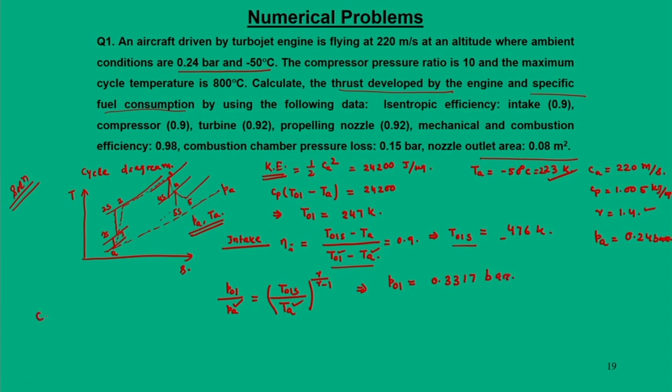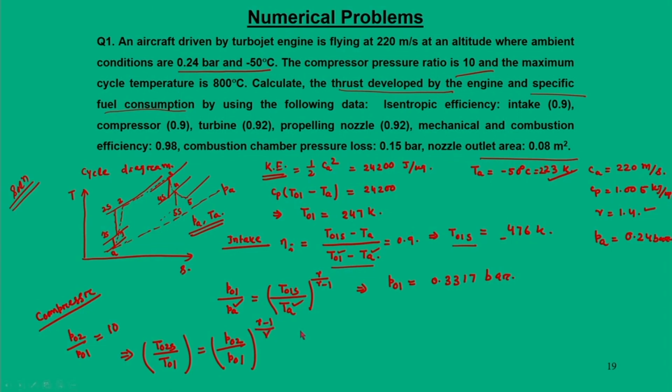Then we have to look into the compressor. So for the compressor we know P naught 2 by P naught 1 as 10. So this will tell you that T naught 2s by T naught 1 is equal to (P naught 2 by P naught 1) to the power gamma minus 1 by gamma.